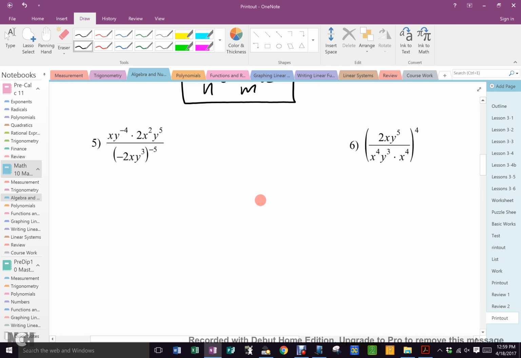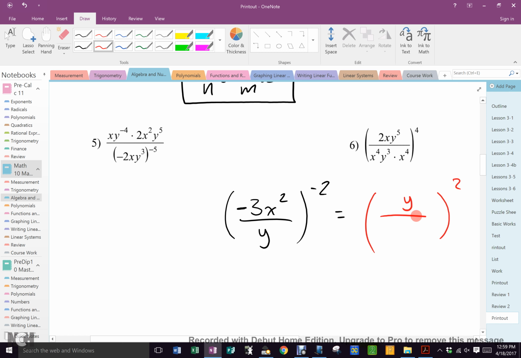Oh, that's another thing that I would be worried about if I were you guys. 3x squared y to the negative 2. What are you allowed to do with that whole fraction? Flip it. What if this 3 was negative? What would the new fraction be? It would be positive 2. Where would the y go? To the top. 3x squared.